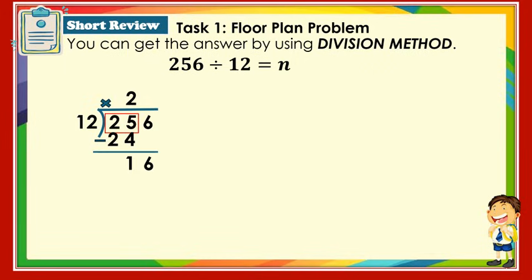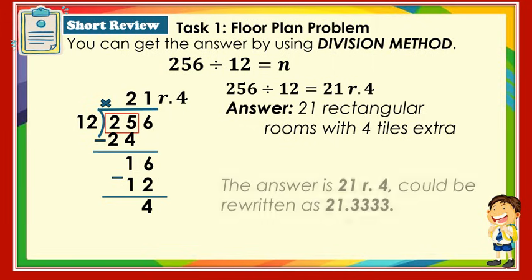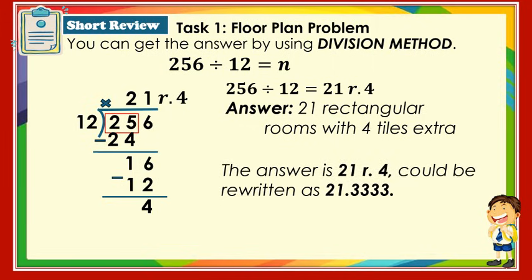Then subtract 16 minus 12 is 4. That is our remainder. So 21 remainder 4 is our final answer. There are 21 rectangular rooms with 4 extra tiles. It could also be written as 21 and 3,333 10,000ths in decimals.